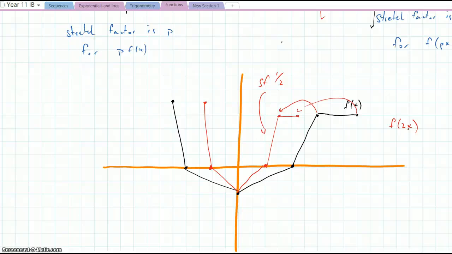If it's inside, on the plus minus, it's a left-right shift, and the X coordinates change, the Y coordinates stay put. On the inside, at the input level, if it's a multiplication by a constant, then it's a horizontal stretch or compression by factor 1 over that constant.